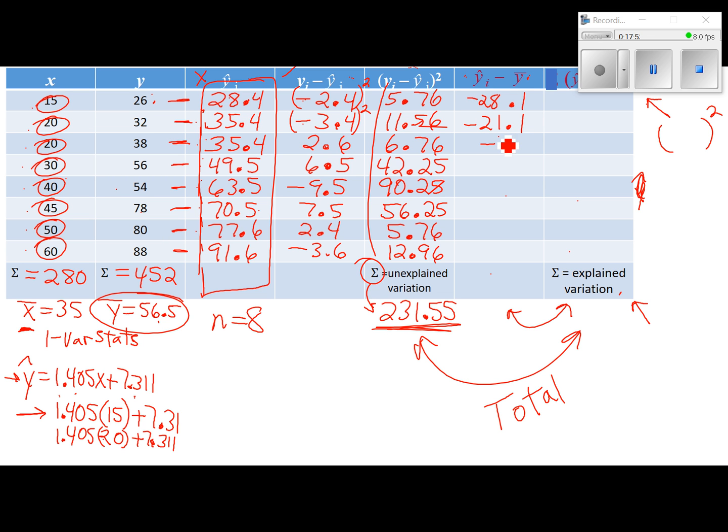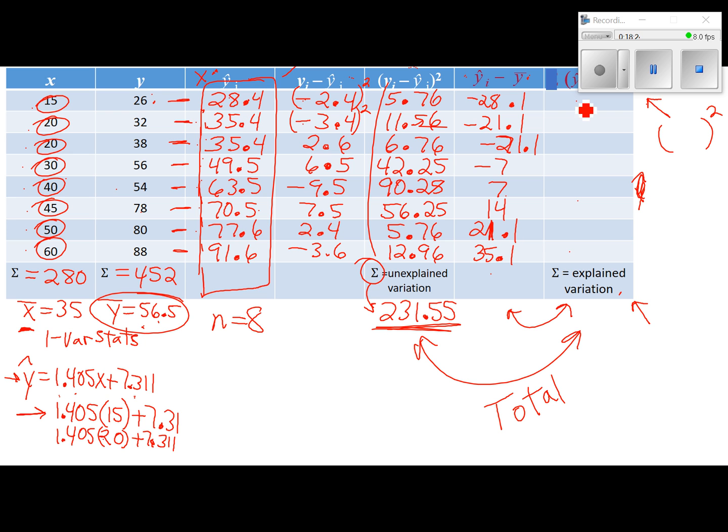Negative 21.1 again, they were the same. And then negative 7, and then a positive 7, then 14, then 21.1 again, and then the last one was 35.1. So all I did was take this column and subtract off y bar from each one of them.